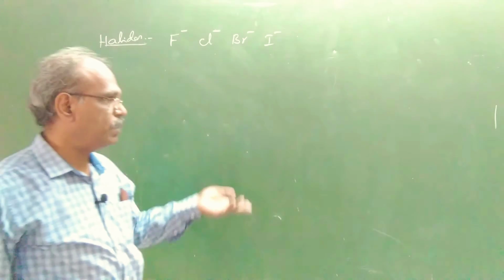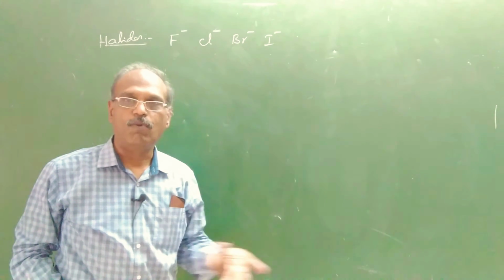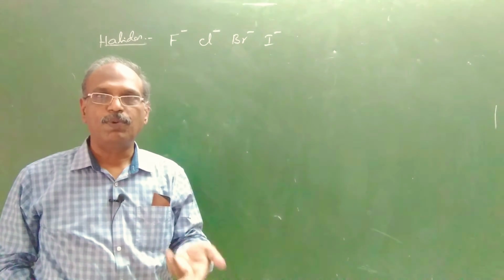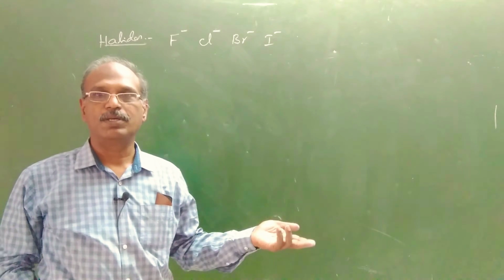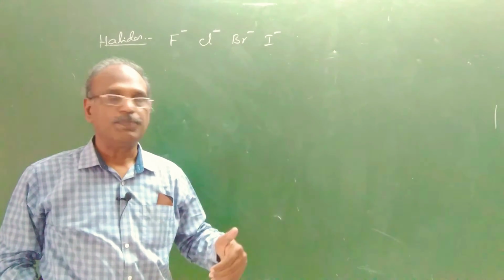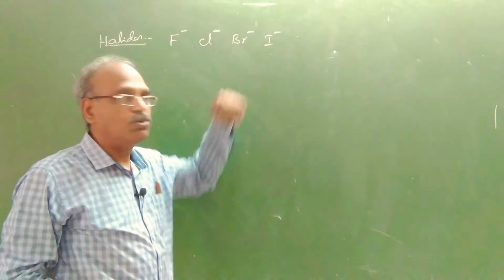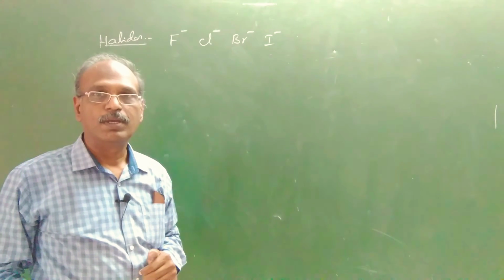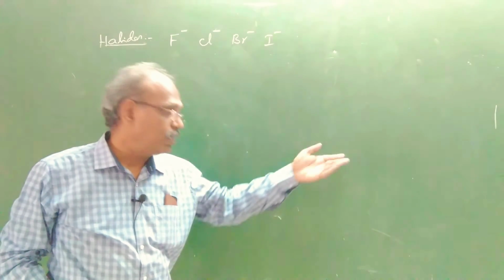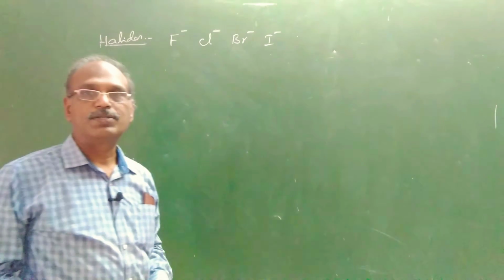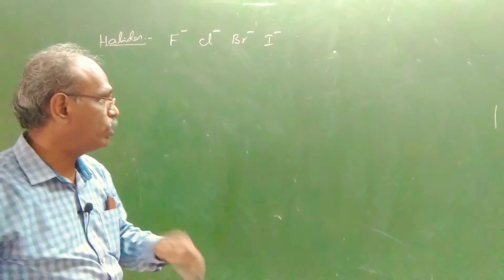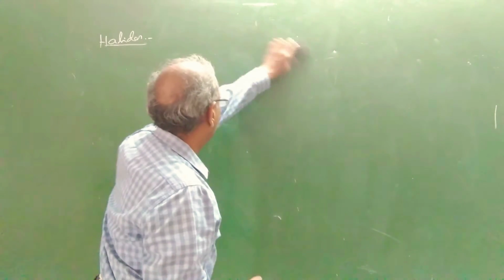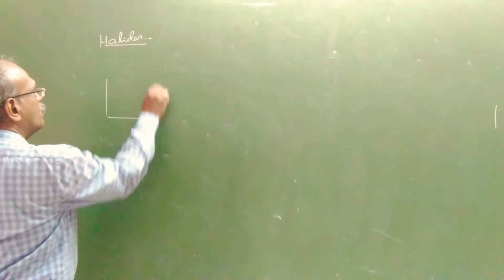Aqueous means that the solvent is water. It's nothing but a polar protic solvent. Now we have to see why I minus is a strong nucleophile in water, but not in polar aprotic solvents. That is the point going to be seen here. See this. Now let's consider water.